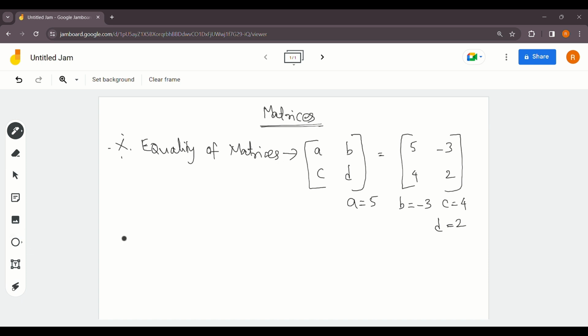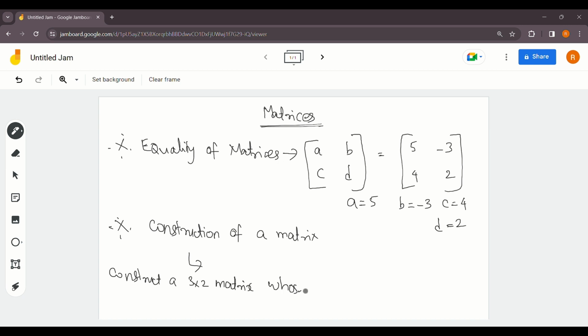After equality comes construction of a matrix. Here they will ask you questions like: construct a 3 cross 2 matrix whose elements are Aij equal to i plus 2j, something like that.